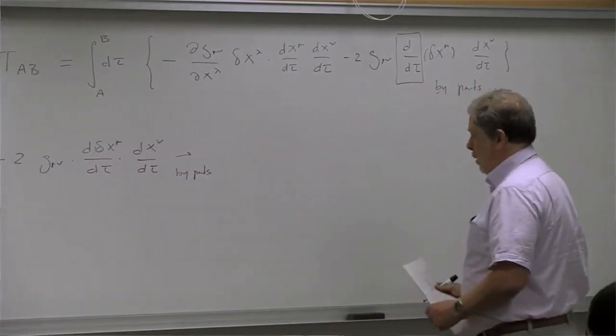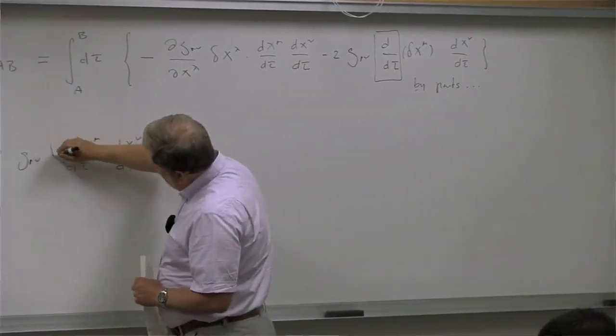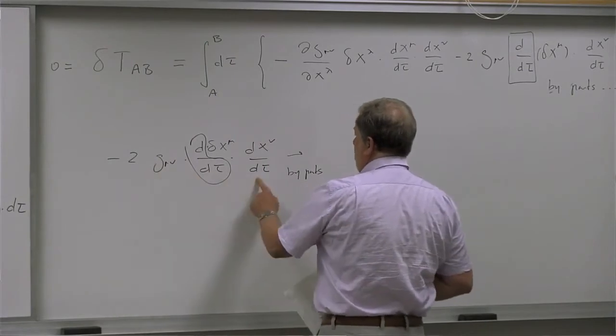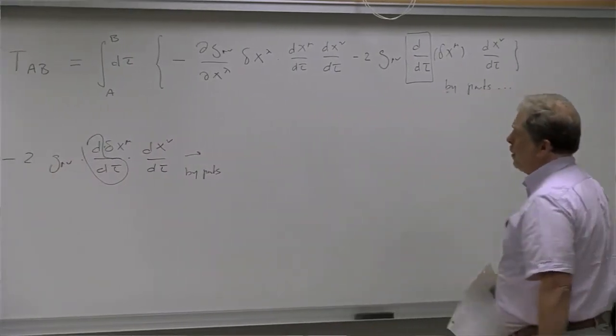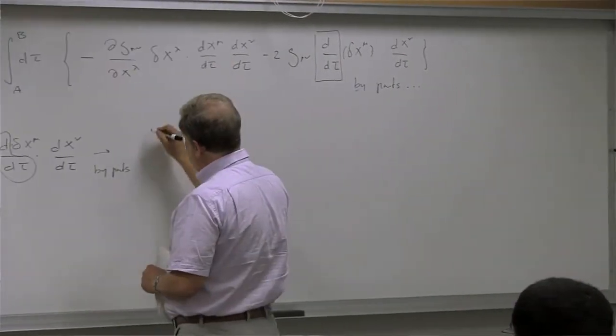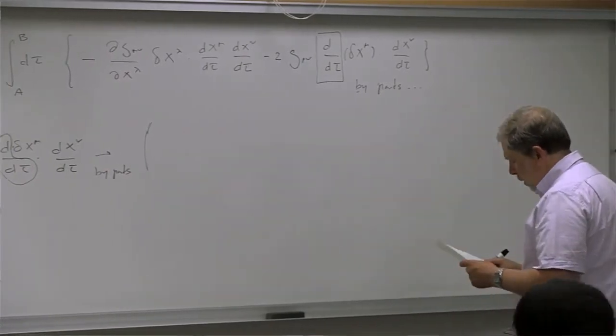Well, we are going to have two terms. One where the derivative acts on g mu nu, and another one where the derivative acts on dx nu by d tau. And of course a reversal of sign as well, because we integrate by parts.